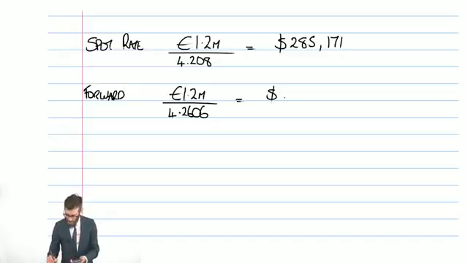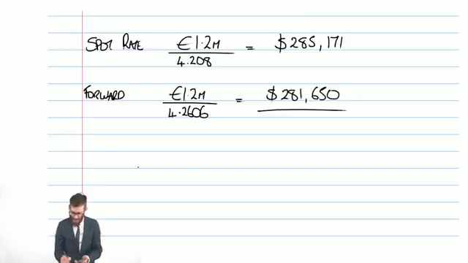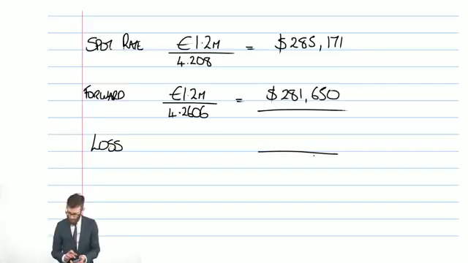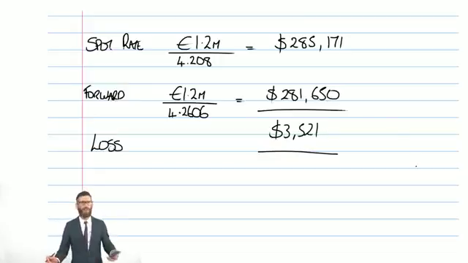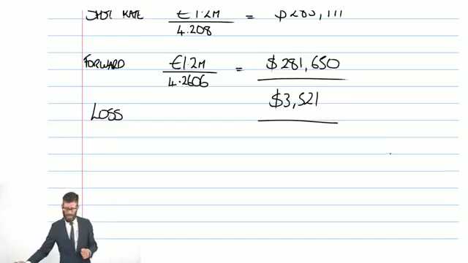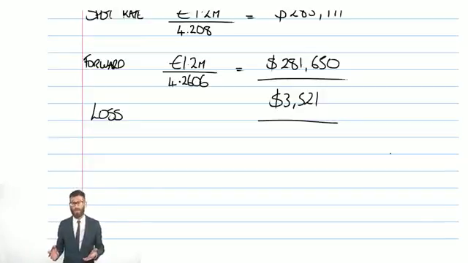That's going to yield us 281,650. Therefore, we have a loss of $3,521. The examiner's asking us, why on earth then would we proceed with this forward?